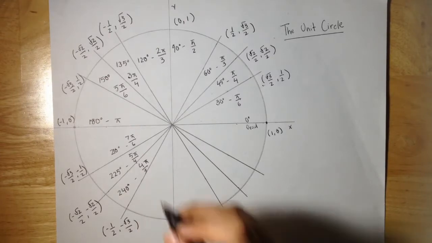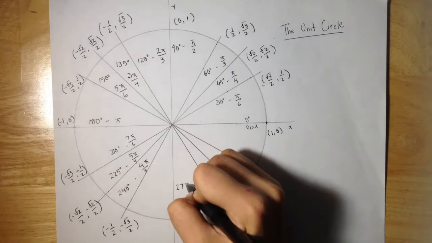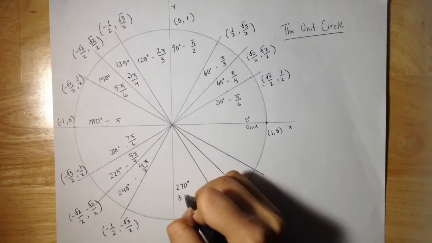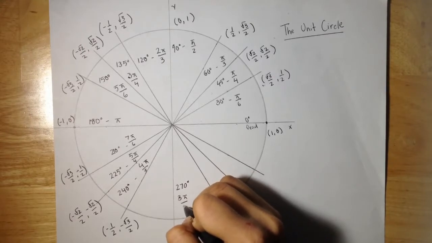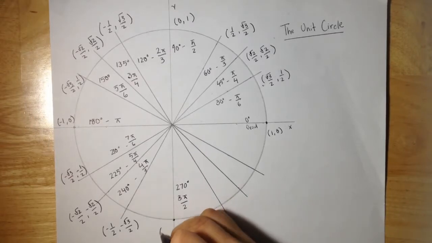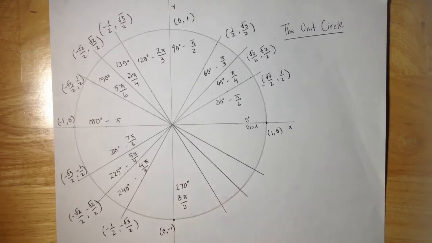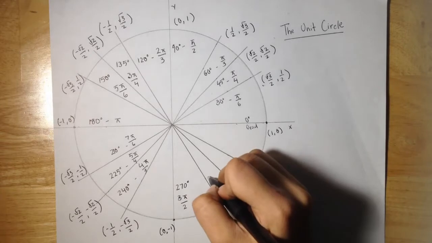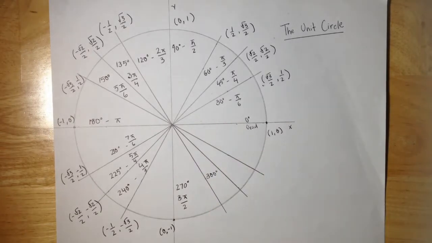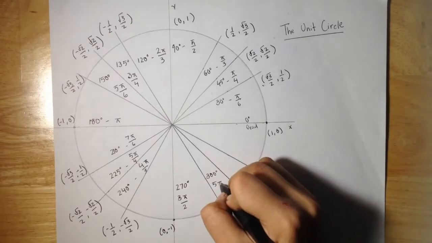Our next angle is 270 degrees, which is 3 pi over 2 radians. The coordinates for this point are 0, negative 1. Then we have this angle is 300 degrees, 5 pi over 3 radians.